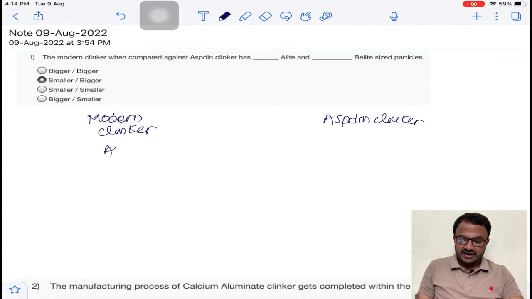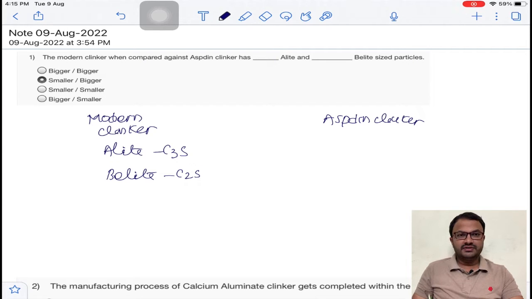Generally, alite is the C3S compound and belite is the C2S compound. In olden days, in the ancient clinker, C3S was more and C2S was less. They were interested in having more strength in the early times.